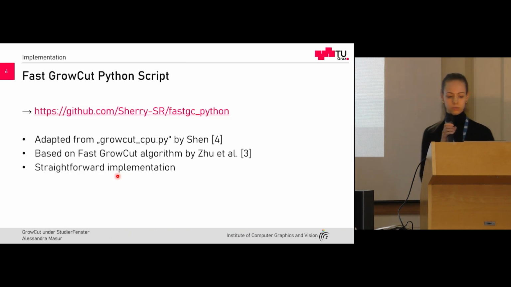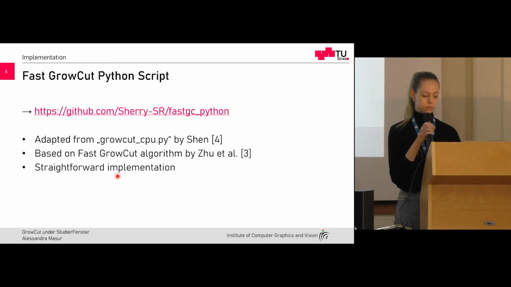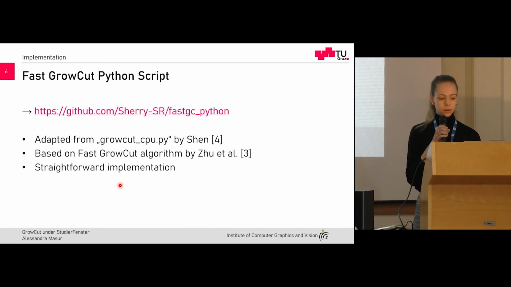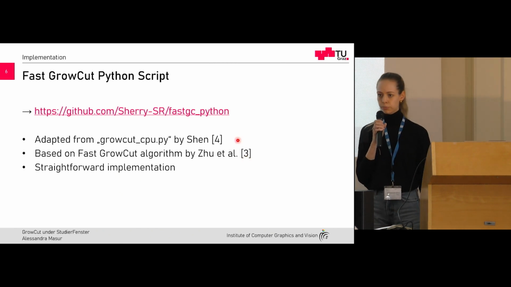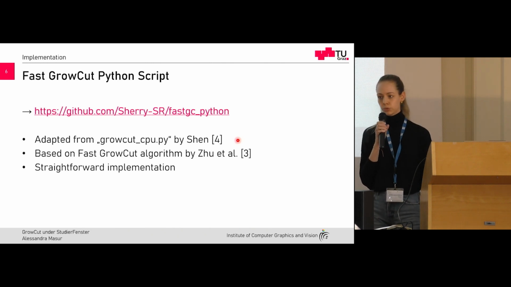Now, some more about the Fast GrowCut Python script. This is more or less the main part of the implementation, so I want to add a few words. I used a Python script from the following GitHub repository and adapted it to fit into the existing architecture of the StudierFenster.